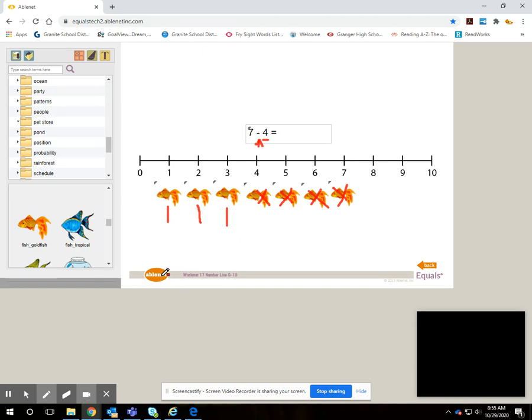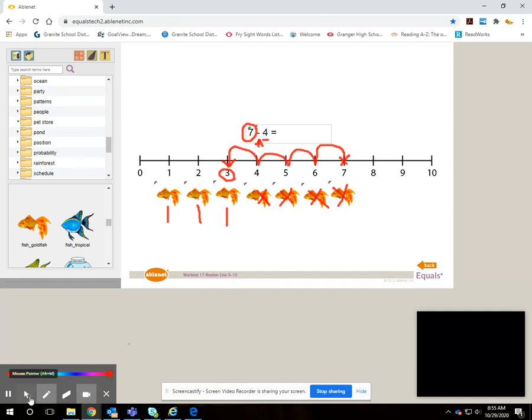If I'm using my number line, I start at my number 7 right here, and I'm going to count back because it's a minus sign or subtraction. So I count back 4. 1, 2, 3, 4, and that points right to the answer, which is 3.